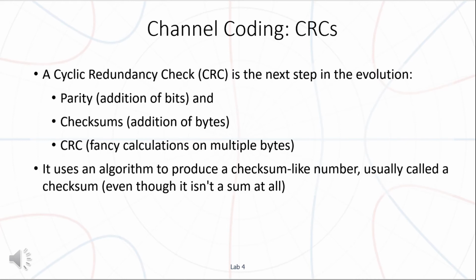Now we add CRCs, which are basically fancy calculations on multiple bytes. CRCs use an algorithm to produce a checksum-like number, usually called a checksum, but it's not a sum. It's actually the result of polynomial division, which we'll see shortly.